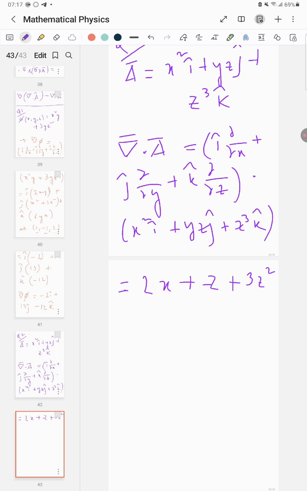All right. Coming to the third question now. A force F is given and we need to find out its curl: F equals yz I cap plus zx j cap plus xy k cap.